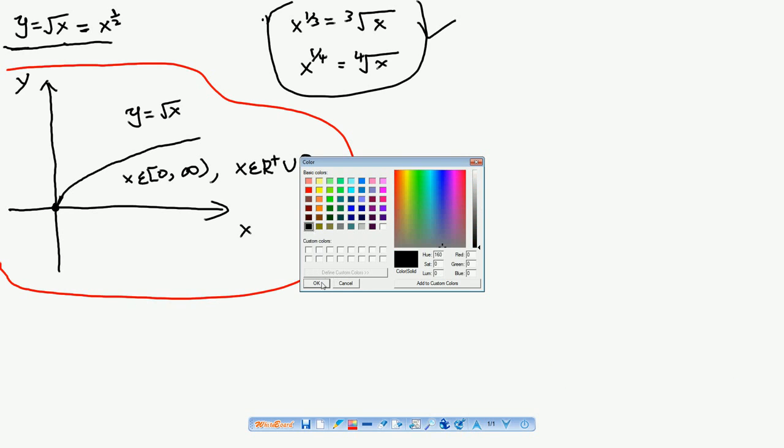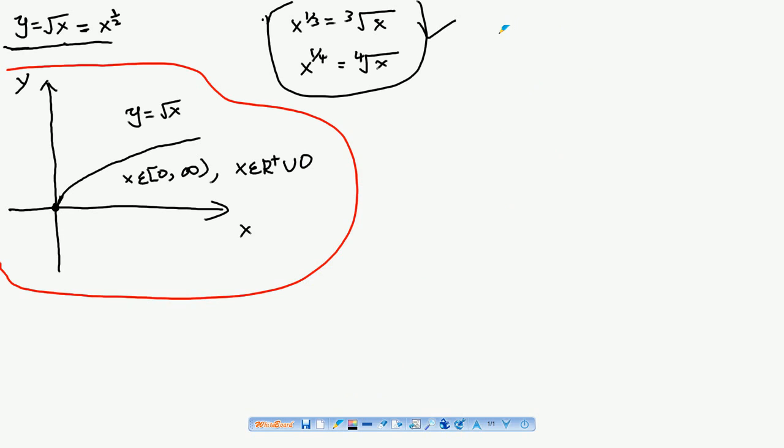For example, if someone asks me to sketch the graph y equals square root of minus x minus 2, plus 5.